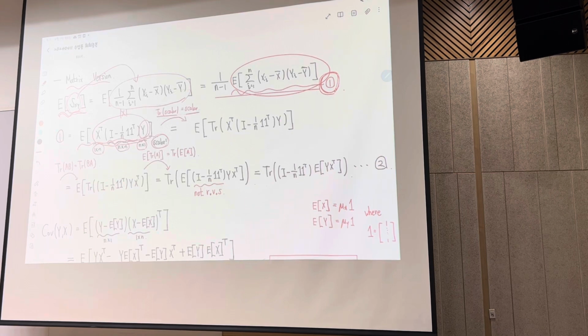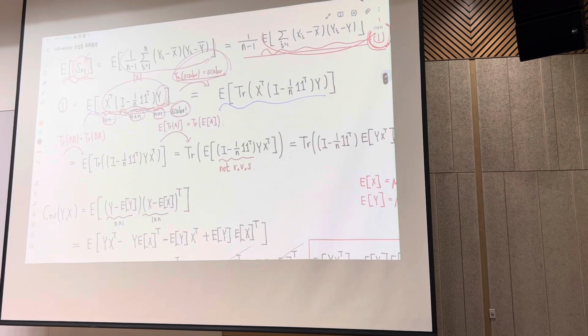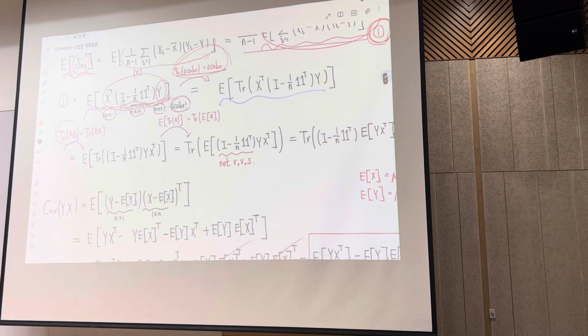Then by using this one, this term is equal to this term. And trace of AB is equal to trace of BA. Then switching this term and this term.